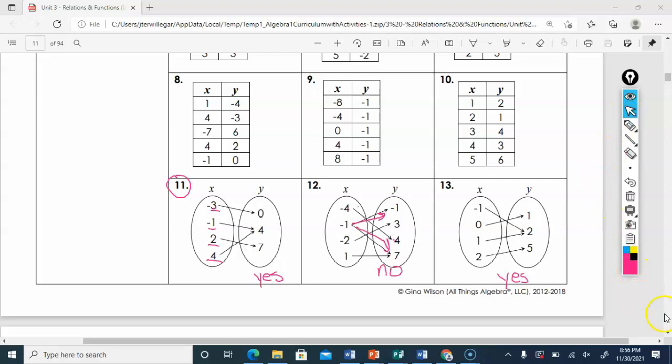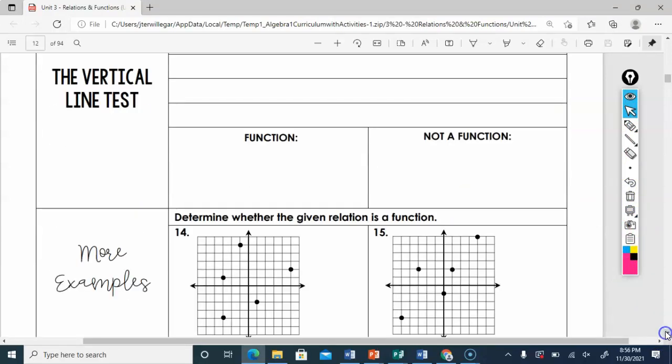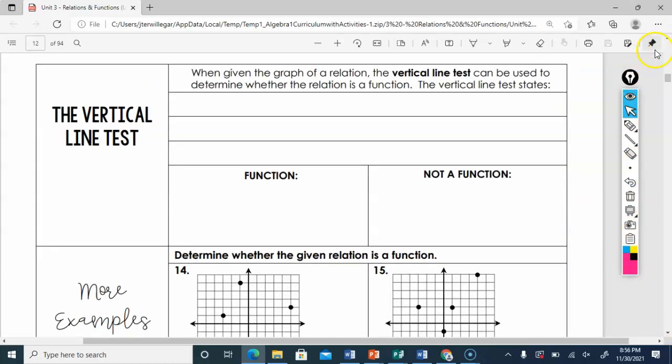One more thing to talk about, y'all. The vertical line test. And honestly, this is the money. This is amazing. This will change your life. Probably not, but it might. So if you are given a picture of a graph, you can tell if it's a function just by looking at it to see if it passes the vertical line test.